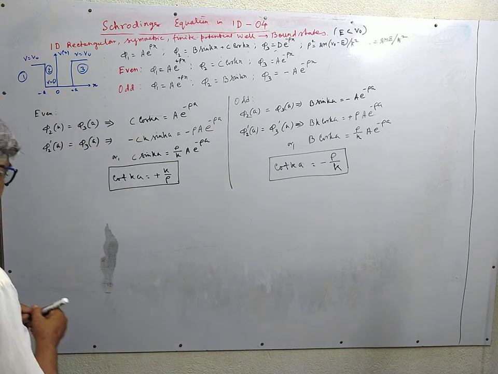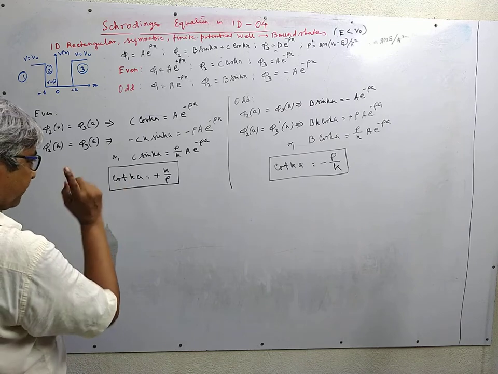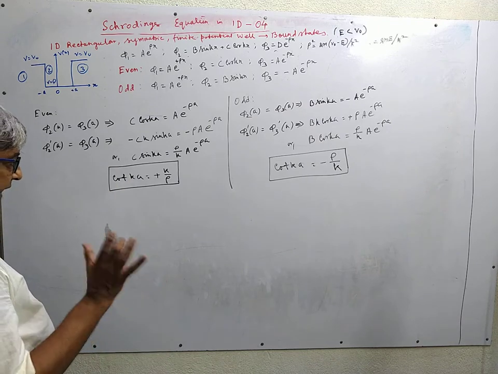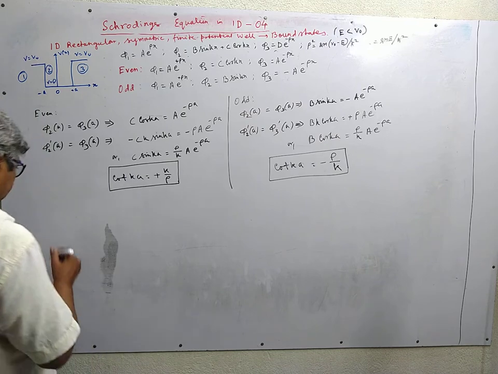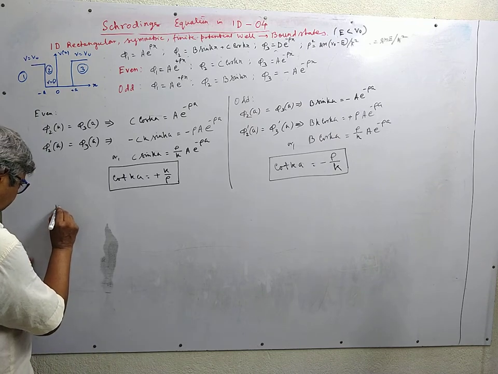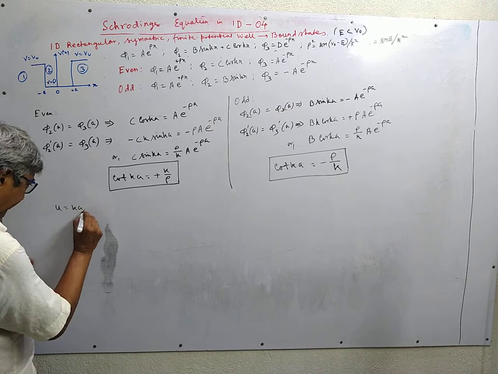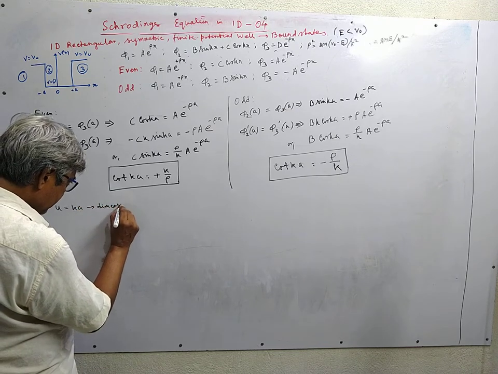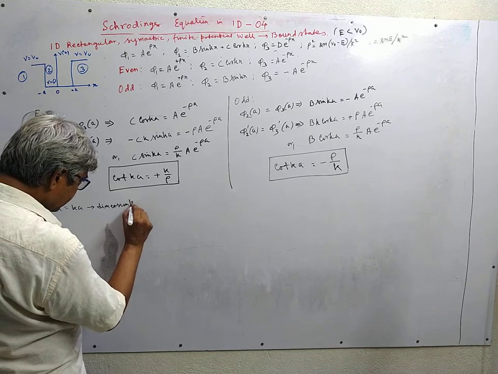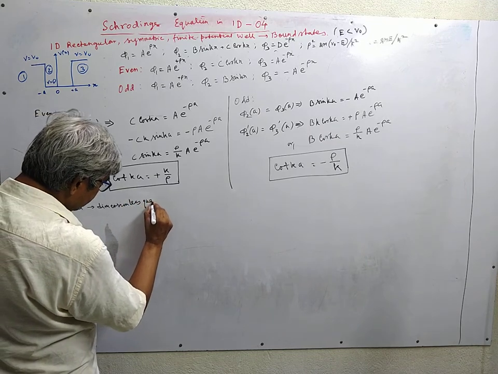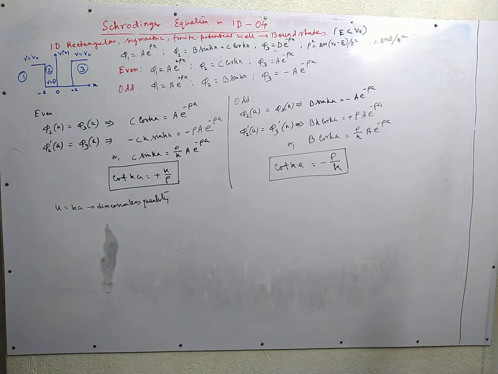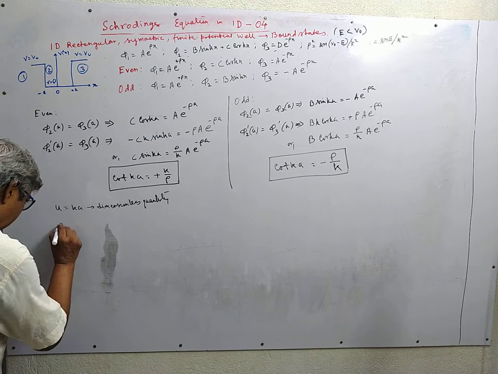You note that the dimension of k is inverse of length, so Ka is a dimensionless quantity. So we define u to be Ka. It is a dimensionless quantity. And so we consider rho square.